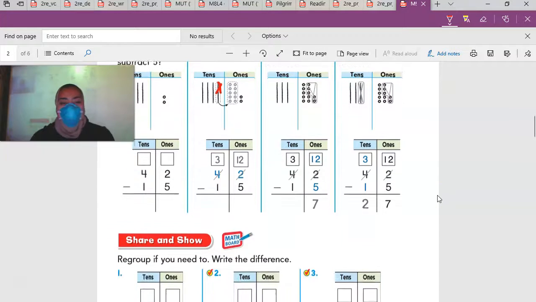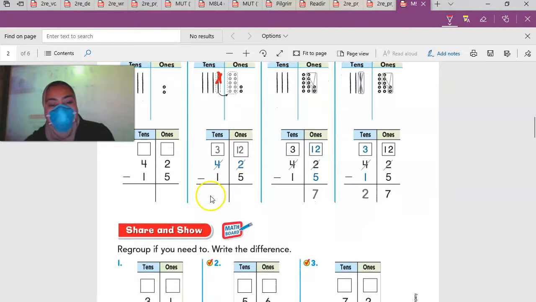Now, if you want to do an elevator escalator, you look at the top number first. Is 2 smaller than 5? So 4 becomes a 3. And 2 becomes a 12. Now make sure you're careful and you are not just going to borrow on all of them without looking at the numbers.